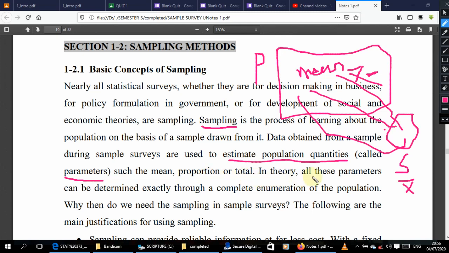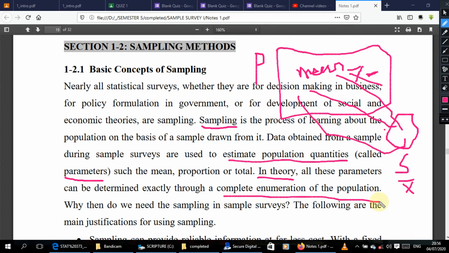In theory, all these parameters can be determined exactly through a complete enumeration of the population. So the mean, the proportion, and the total, you can know exactly if and only if you can do a complete enumeration of the population. You can count.